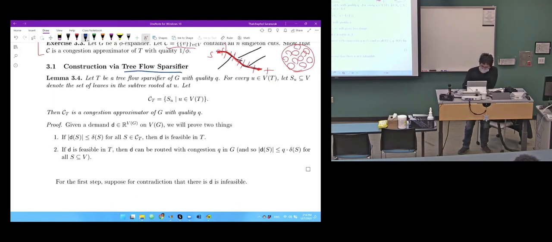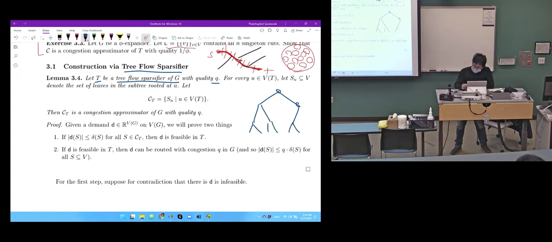So let me say that T is a tree flow specifier of graph G with quality Q. So you have a tree, right? And this is a tree flow specifier, so the leaves actually correspond to the nodes of the graph.